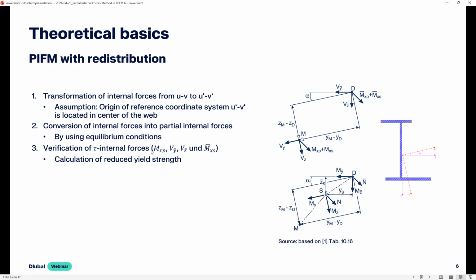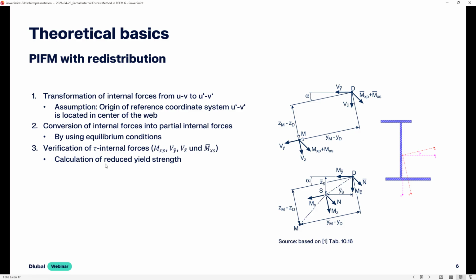So these are all internal forces that lead to a shear stress, which would be the primary torsional moment, our shear forces in both directions, and also the secondary torsional moment if we are in a 7 degrees of freedom system. And based on these shear internal forces, we first of all do the design check based on these forces.